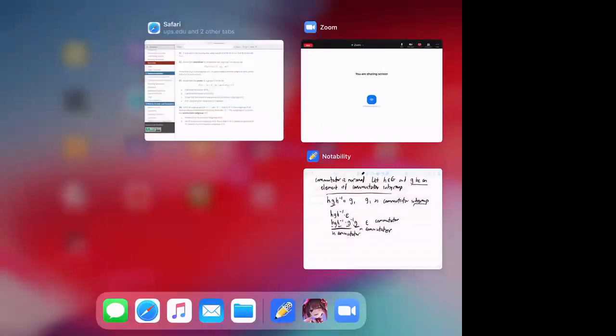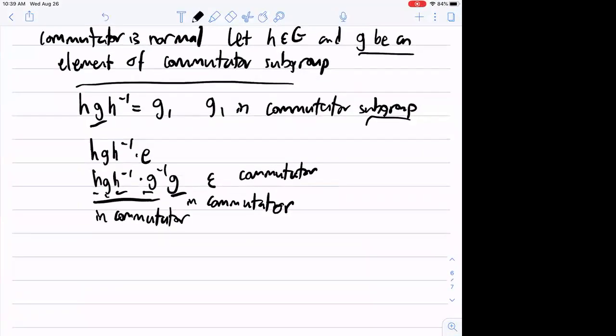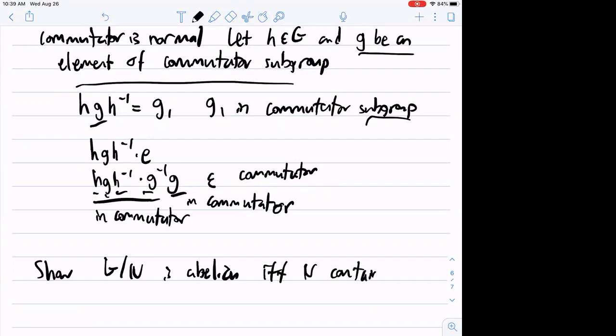One last thing: the second part says show G mod N is abelian, if and only if N is contained in the commutator subgroup. Let me explain the idea.